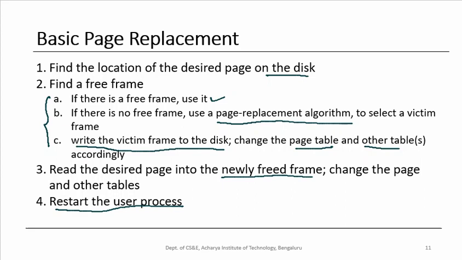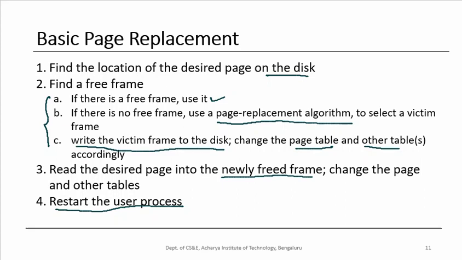There are basically four steps. The first one is a page is referred to by the central processing unit, and you have found that the page is not there in the main memory. So the operating system finds that page on the hard disk. After it finds the location of the page, if there is a free frame in the main memory, there's no problem. Bring that page into the main memory and put it into the free frame.